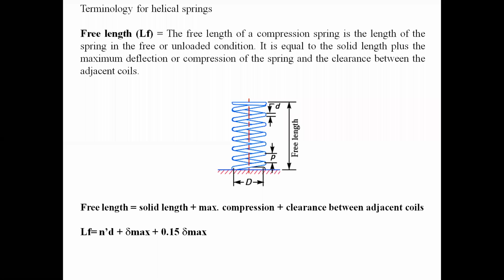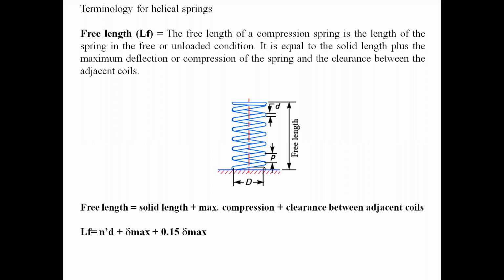So the free length can be n' into d, which is the solid length, plus delta max, which is generally considered for the maximum compression, and there is a clearance. We generally consider 15% clearance, so 0.15 times delta max, where delta max is the maximum compression. So you have to add that 0.15. Total maximum compression plus clearance can be 1.15 delta max.